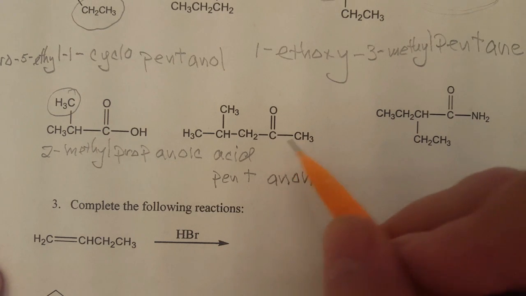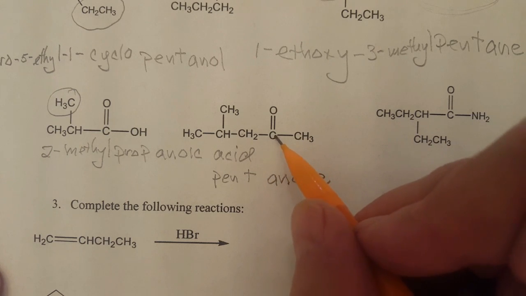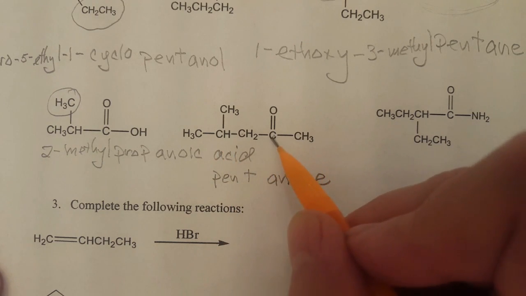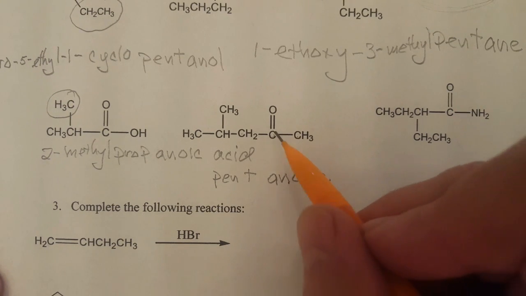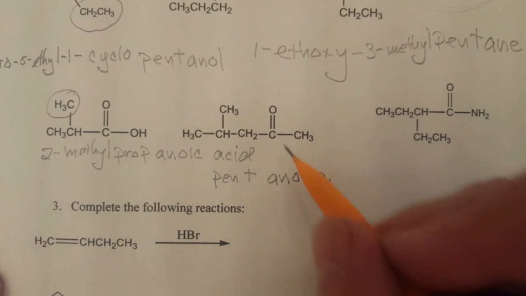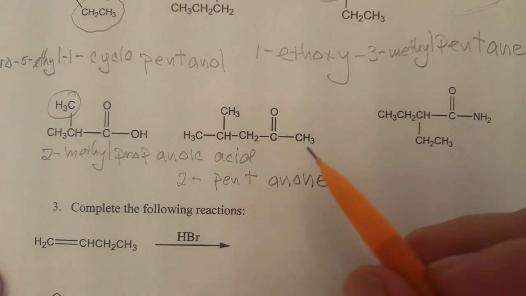This carbonyl establishes the direction of numbering. Since this is carbon 2 in this direction, but carbon 4 in this direction, we're going to move in this direction. So 1, 2. We have to tell it where this carbonyl is located, and it's located on carbon 2.